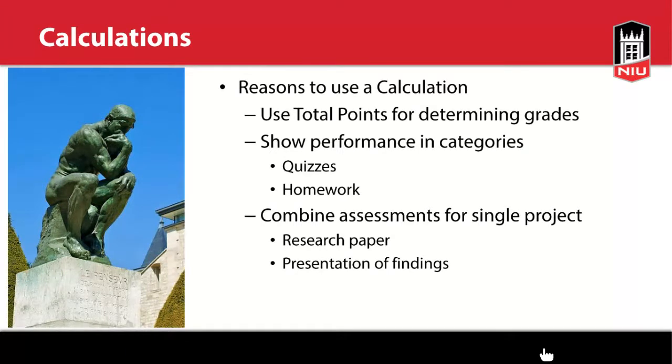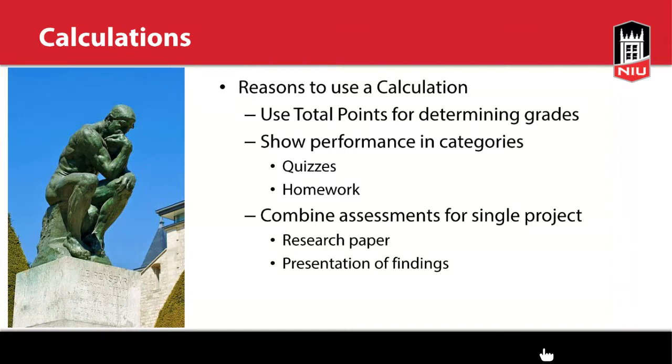If you want to give extra credit, you are going to have to use total points for your final grade calculation, simply because if you add the extra credit column as an item, it's just going to be included in your grade calculation. So those points are actually going to be extra credit.